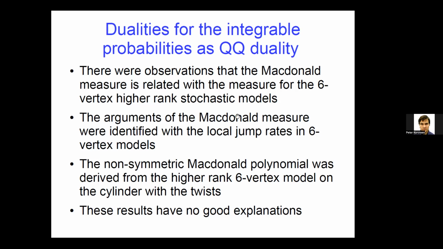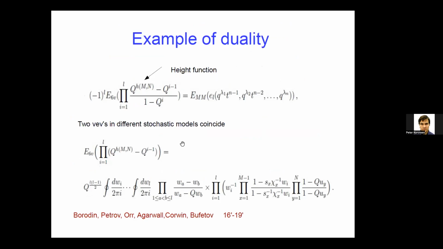The arguments of the Macdonald measure were identified as the local jumps in the six-vertex model. And there is also a derivation of non-symmetric Macdonald polynomials in terms of the partition function of the six-vertex model on the cylinder with a twist. There was no rational explanation of this observation.